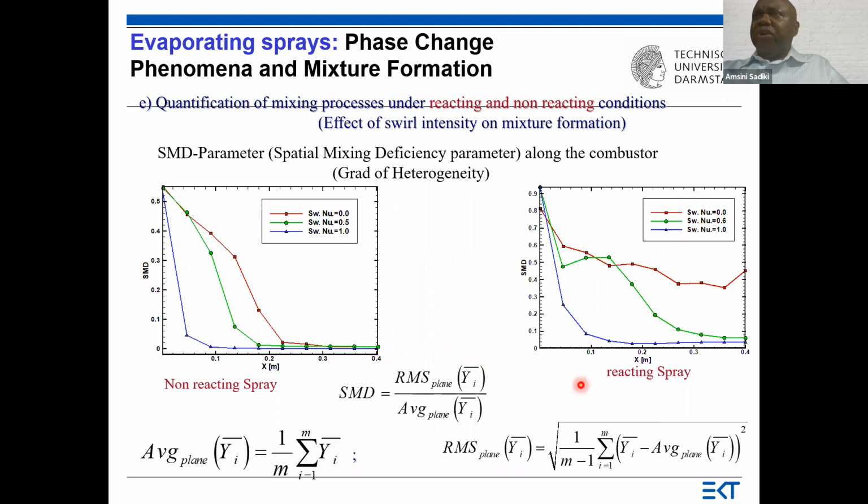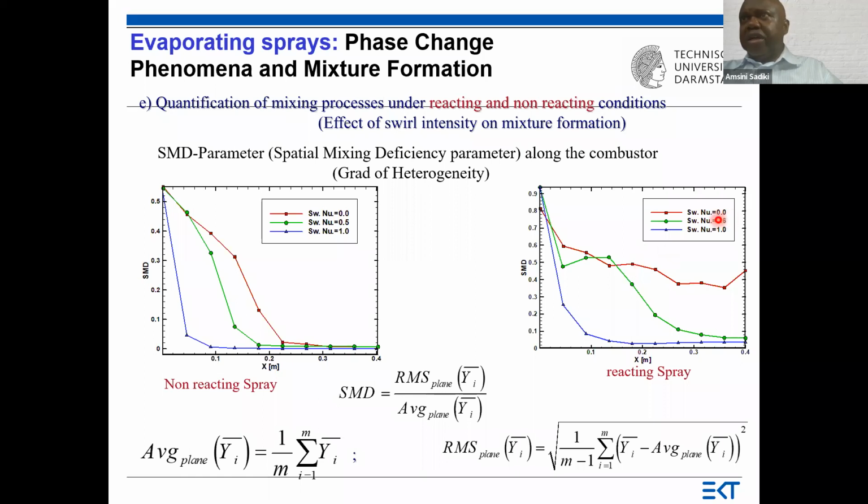And if we have a reacting spray, the result is almost the same. If the swirl number is high, we get it not at this position, but a little bit later because of the interactions between the chemistry and the turbulence.